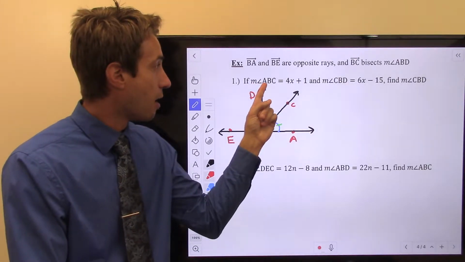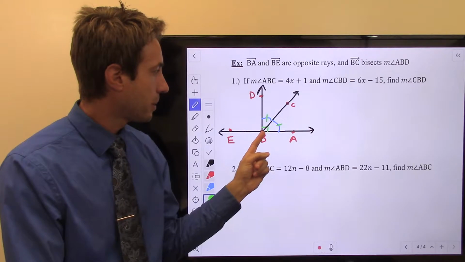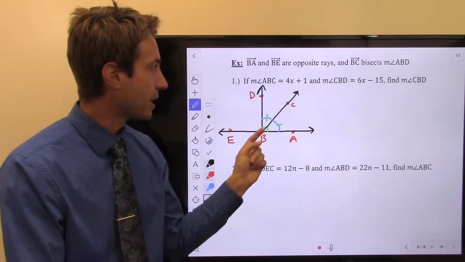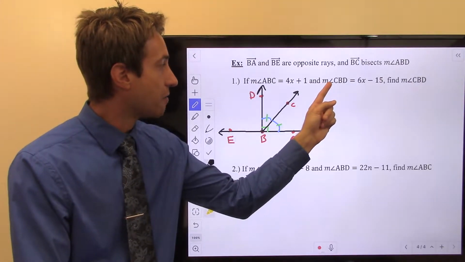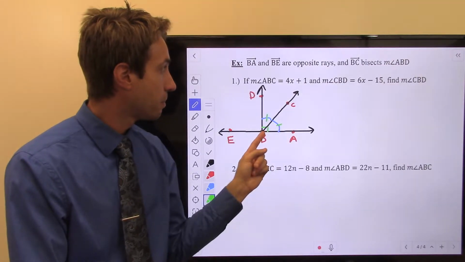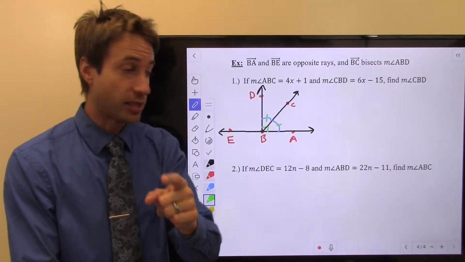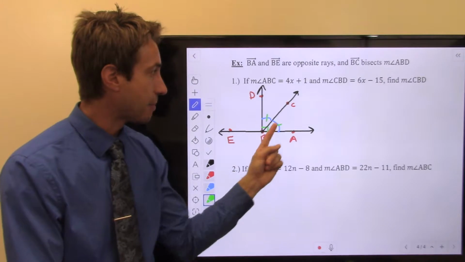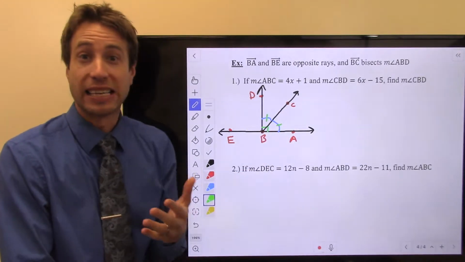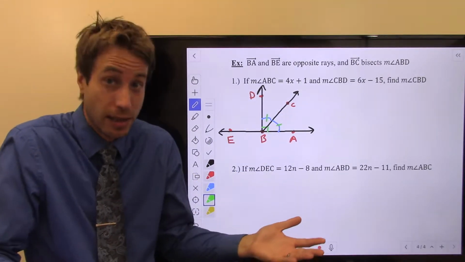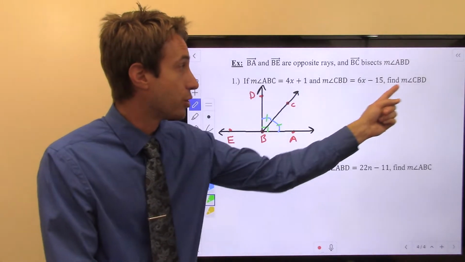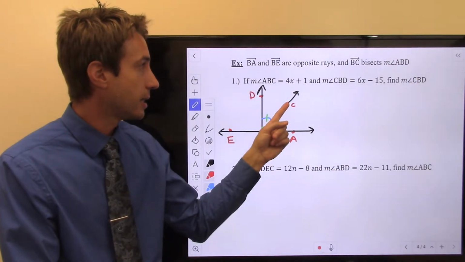Here we go. The measure of ABC. A, B, C. Fantastic. I'm given ABC. Great. Measure of CBD. C, B, D. Look at that. Awesome. Do you see that? So I've got this smaller angle, ABC, and CBD. Guess what's probably coming? Angle addition postulate. I want you to find CBD.